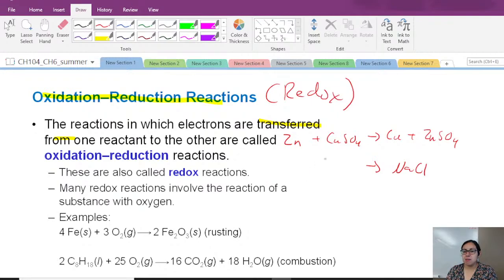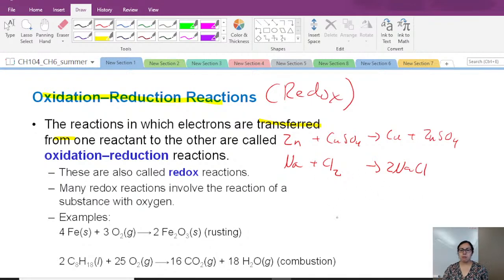Remember two nasty elements? Just sodium, and then we know chlorine's a diatomic. This is kind of helping us with chapter 5 too, remembering how to piece things back together. So this is another redox reaction example.